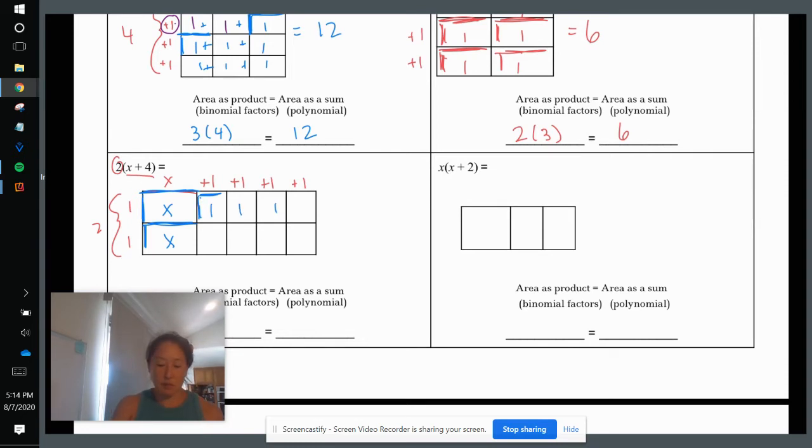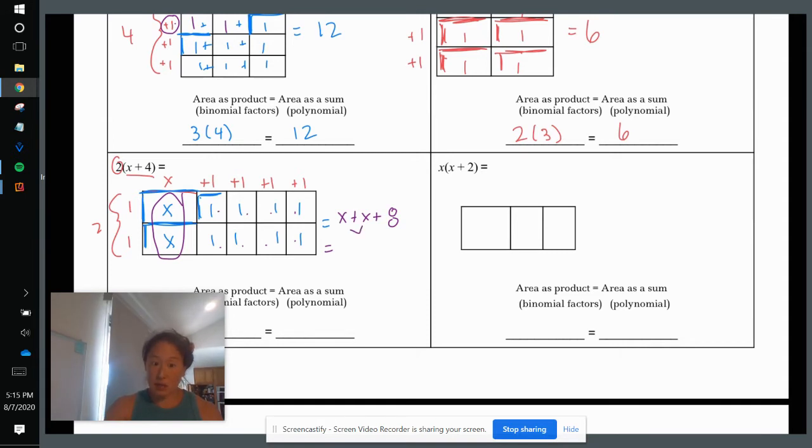So I'm just going to fill them in. What do we do with all the areas on the inside? We add them together. So I get like terms, x plus 1 plus 1 plus 1 plus 1 plus 1 plus 1 plus 1 plus 1, so plus 8. Simplify, what's x plus x?